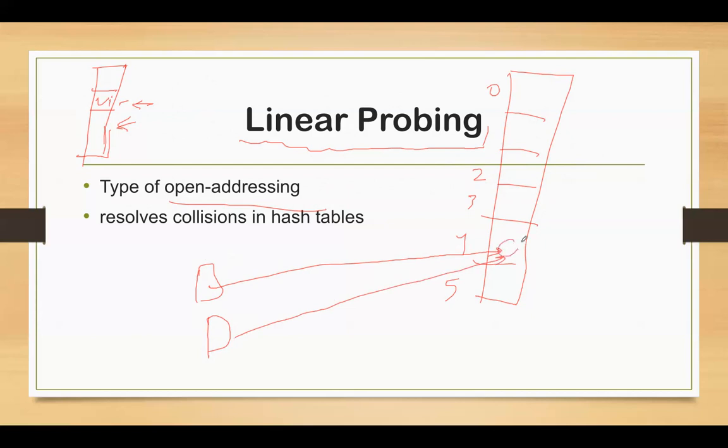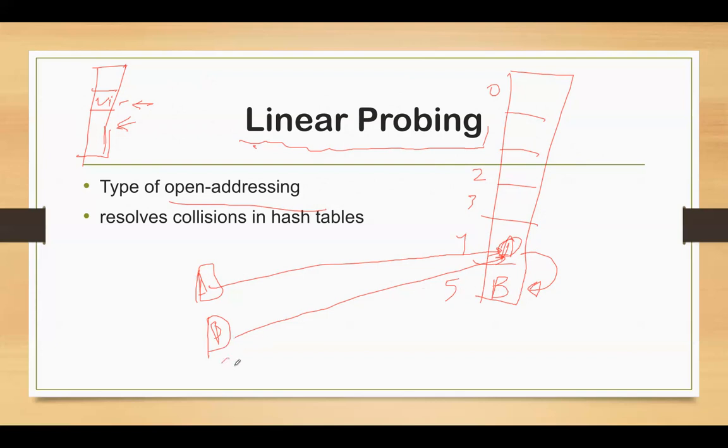But since this is already occupied by, suppose this is A and this is B, then linear probing tells us to go on to the next index and see if it is vacant, then you place the item over there. So although B has a hash index of 4, it will get saved at 5.